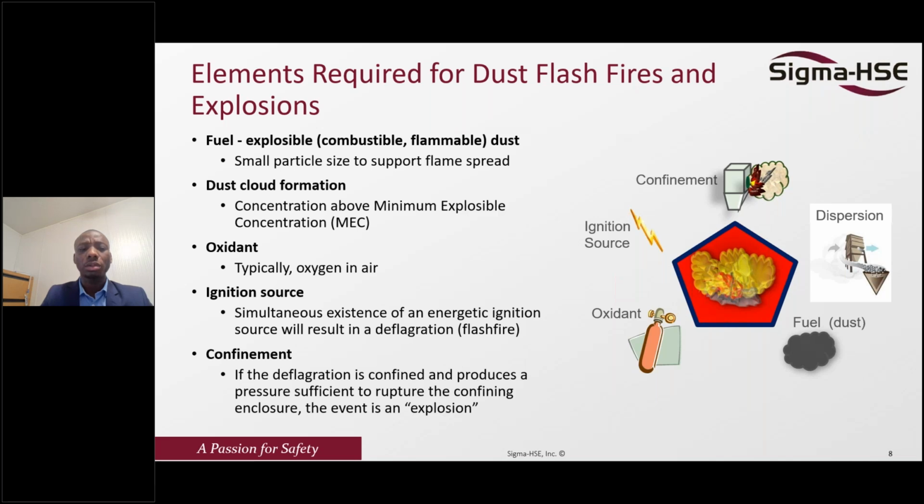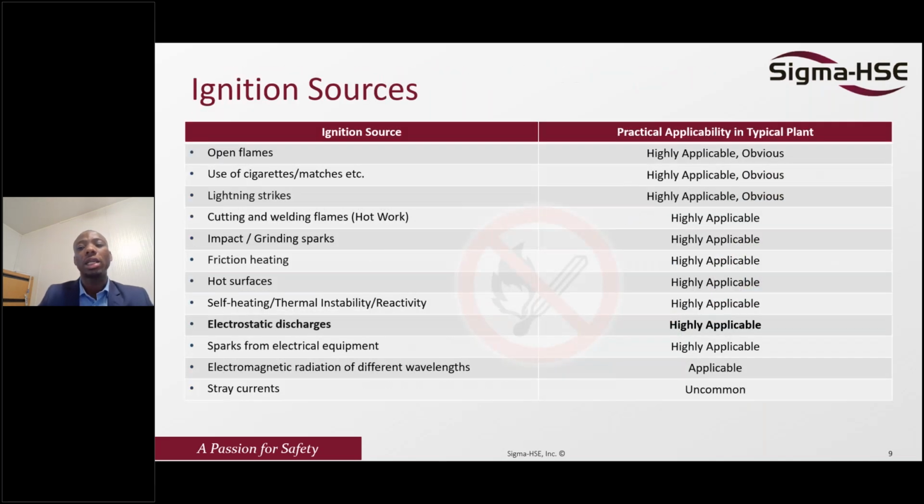So there are several ignition sources that are applicable in industry. And most of you, I think everybody's in the industry, understand this. You have open flame, which is something obvious and highly applicable. We have the use of cigarette, and somebody might think this is not common. How can somebody smoke in a flammable atmosphere area?